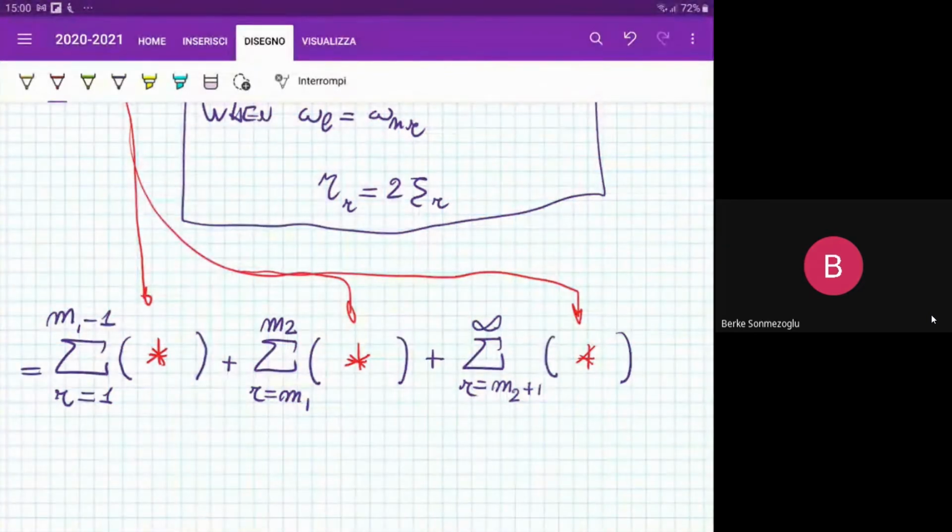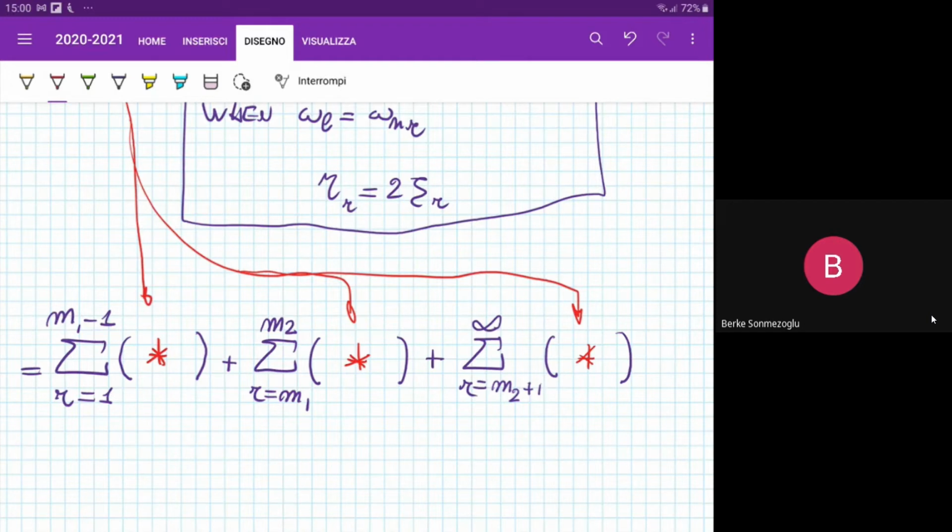But instead of having all these terms running together, we distinguish the terms that are in the frequency range that we are analyzing from the others that are out of our frequency range.